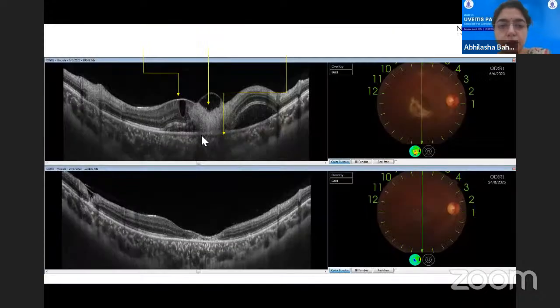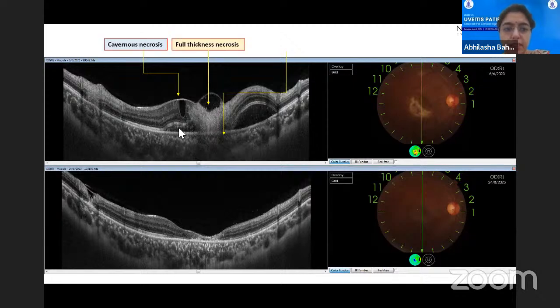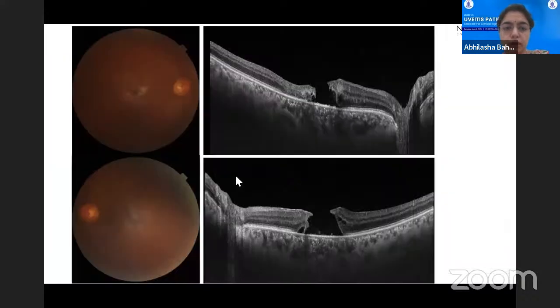There are certain typical OCT pictures that we see. There is full thickness retinal necrosis. This is cavernous retinal necrosis, where you see loss of tissue within the retina, and there is thickening of the underlying choriocapillaris. And on healing, there is loss of retinal tissue. Now, this patient was a case of bilateral macular hole and was advised VR surgery.